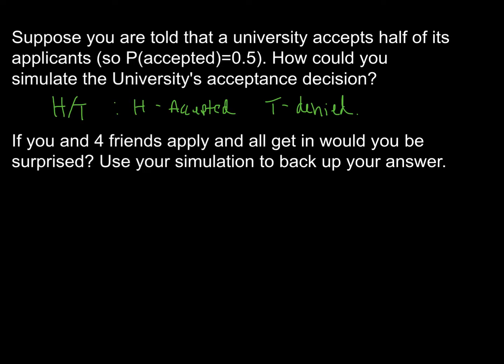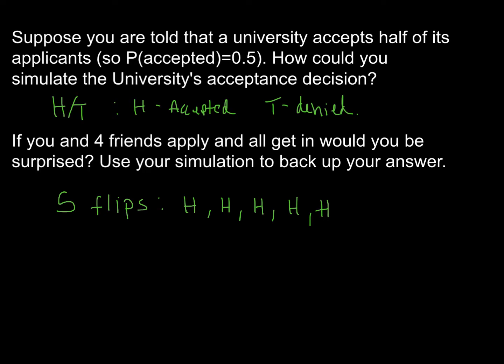All right, now let's use our simulation to see if this will happen. Here's what we're going to do, and this is important, so you need to listen carefully. If you and your friends all apply, that means you have 5 people applying, right? So 5 flips. If all of them get in, that means those 5 flips should go heads, heads, heads, heads, heads.